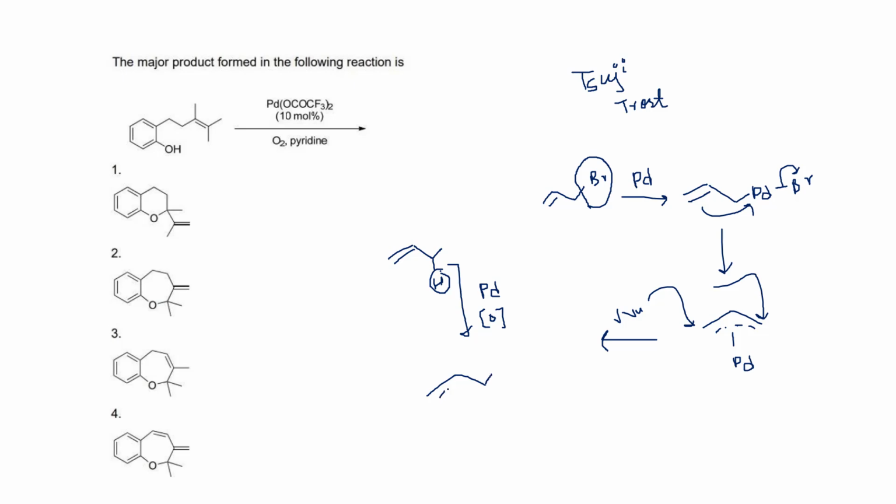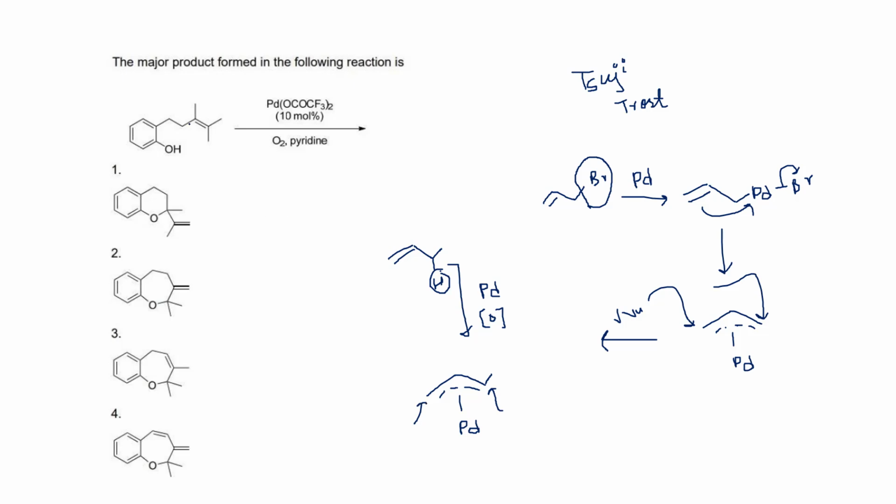So by this methodology, in the absence of a leaving group, we can also form a pi-allyl complex. Now the nucleophile will approach one of the centers, giving us this allylated species.